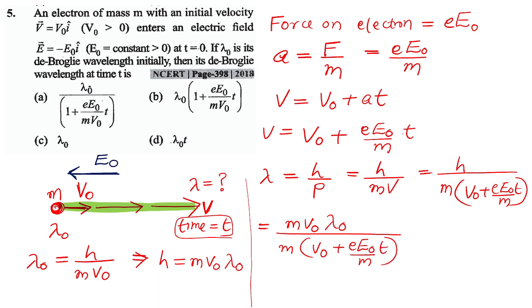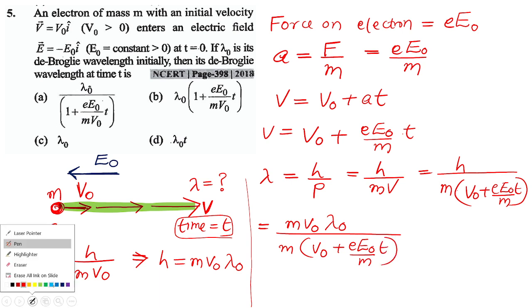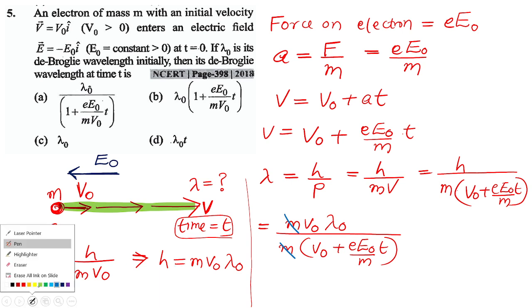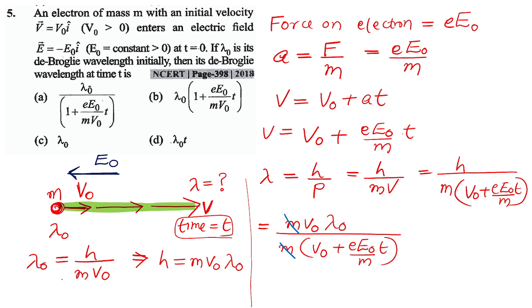What happens next? Next step, m cancels. Also v0 is not there in the option, only lambda 0 is there in the option. So let me divide numerator and denominator by v0 so that v0 can be eliminated. I want only lambda 0 in the numerator.